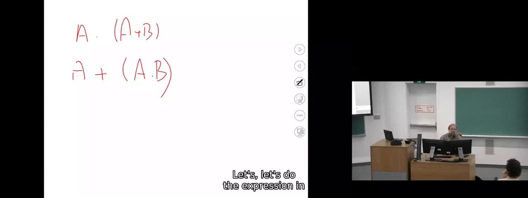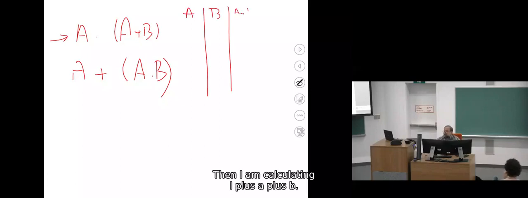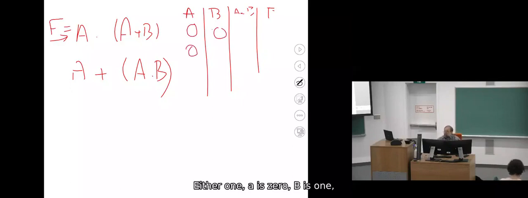Let's do the expression in different situations. A, B, and then I am calculating A plus B, and then the last, F. This is F. I want to see what F is. So A is 0, B is 0, A is 0, B is 1, A is 1, B is 0, and then both of them.